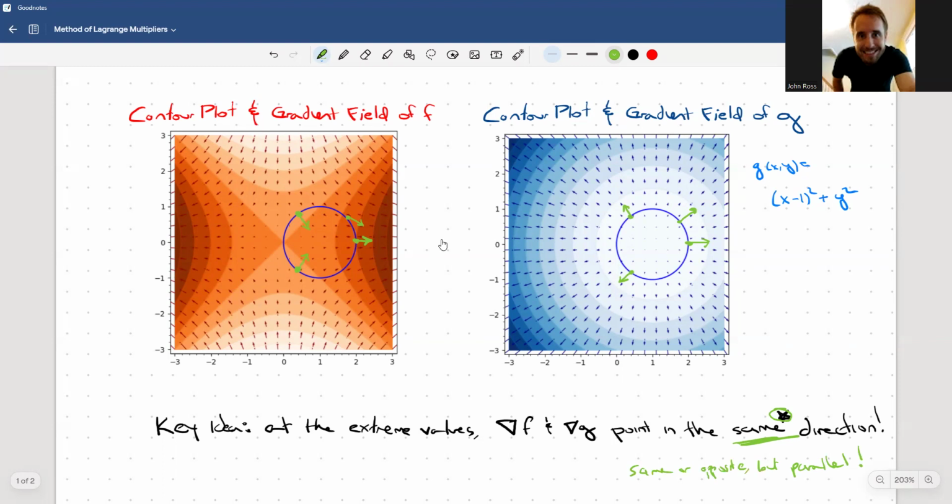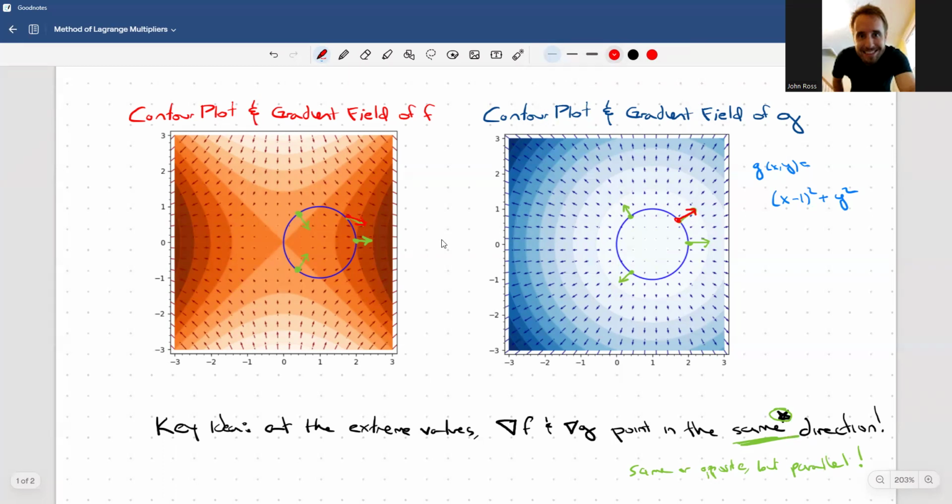This is still in contrast to the point at 30 degrees, where the vectors were not pointing in the same direction or the exact opposite direction; they were definitely skew from each other. So that is an interesting non-example in which the grad f and grad g vectors are not pointing in the same direction. This is a feature of the extreme values in particular.